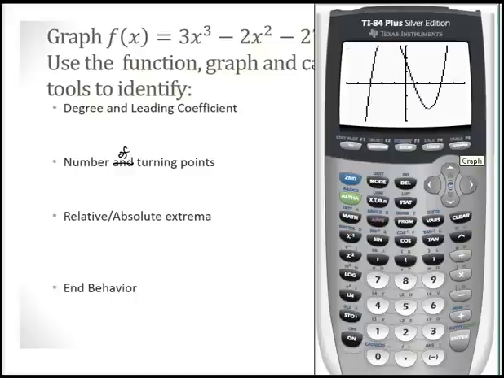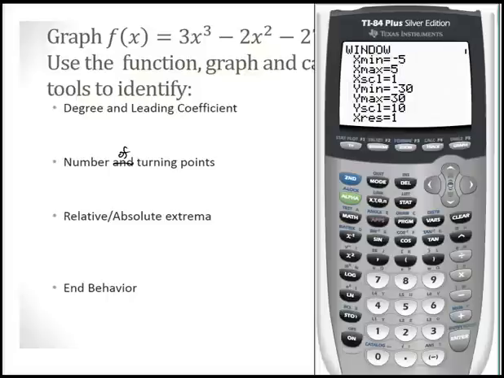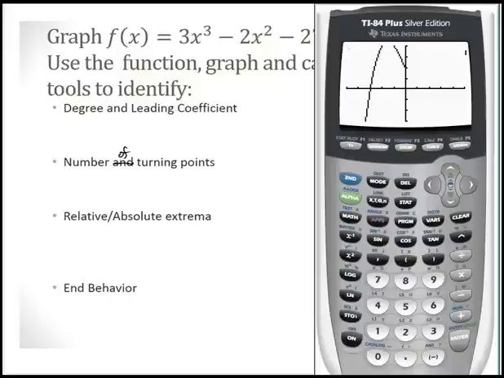Alright, that's a little better. I see a better picture. Let me increase the y max just a little bit more to get a better picture. Let's go to 40 on the y max. A little more. 50. That should do it. Alright, so I see a fairly good picture of this graph.